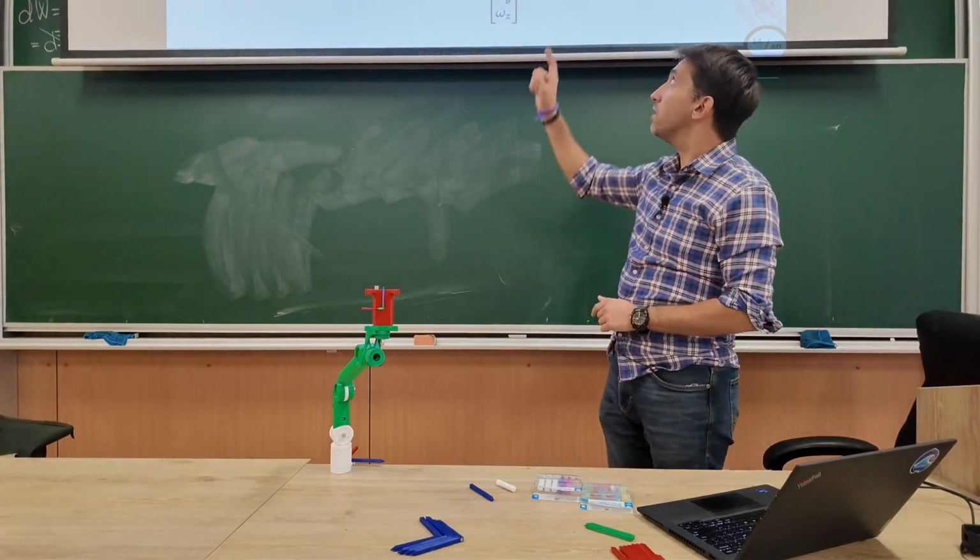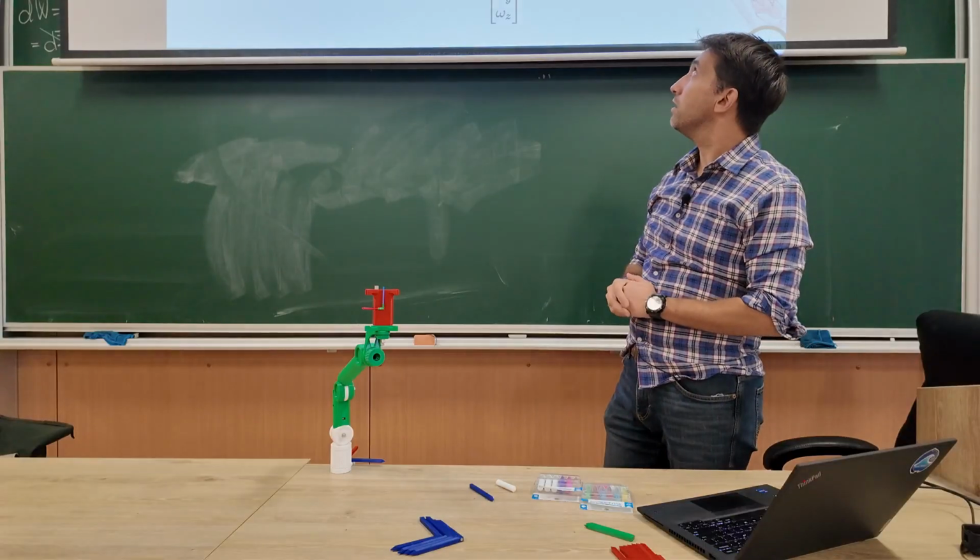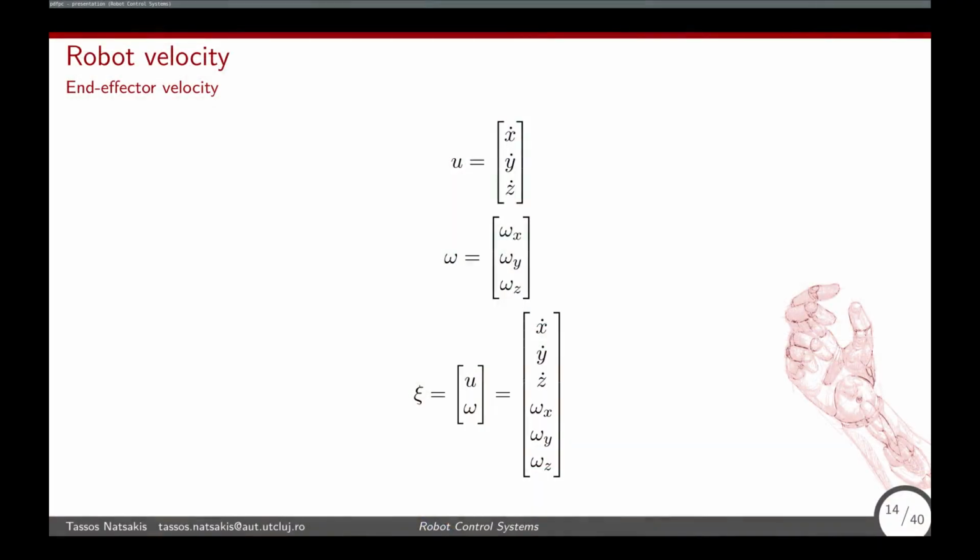Right, so we'll talk about the linear velocity v and angular velocity omega of the end effector. I should have put vectors there, the arrows, but I forgot. And in the end, we will combine these two vectors into one big vector, having all 6 velocities denoted with this Greek letter.